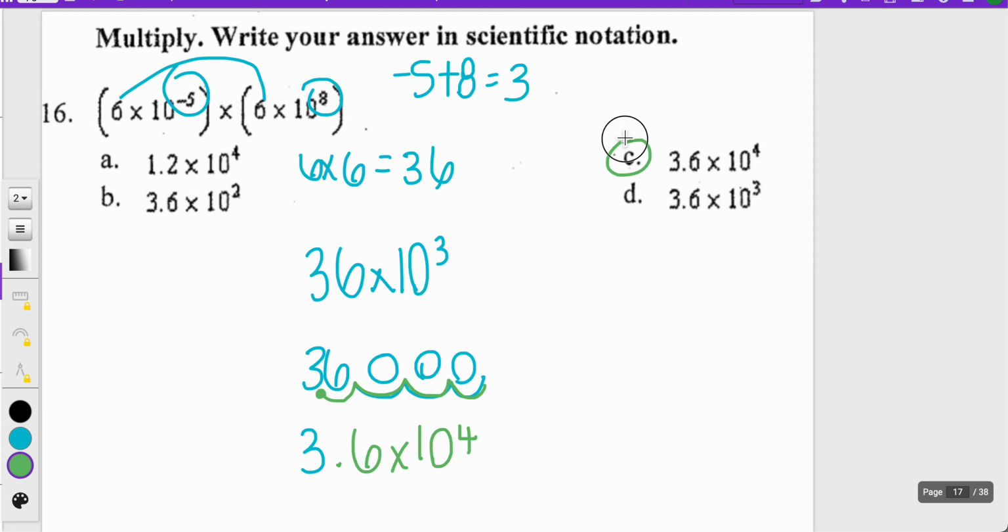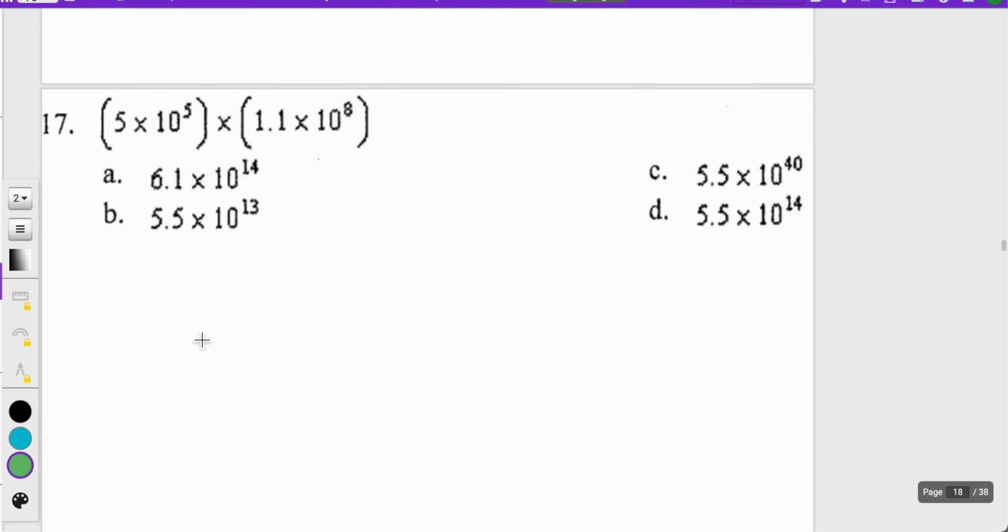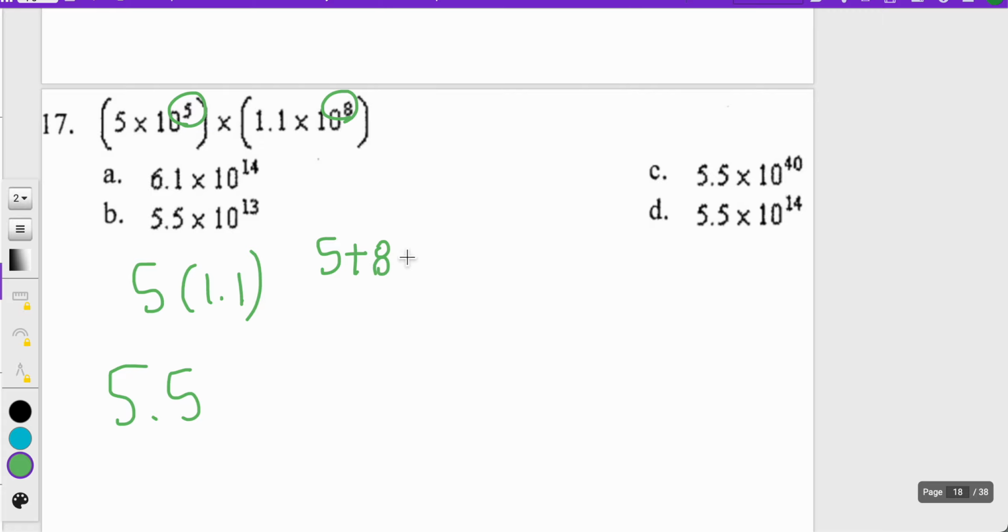Or letter C. Same thing here. 5 times 1.1 is 5.5. And then take your exponents, add them together, we get 13. So, scientific notation, 5.5 times 10 to the 13th power, or letter B.